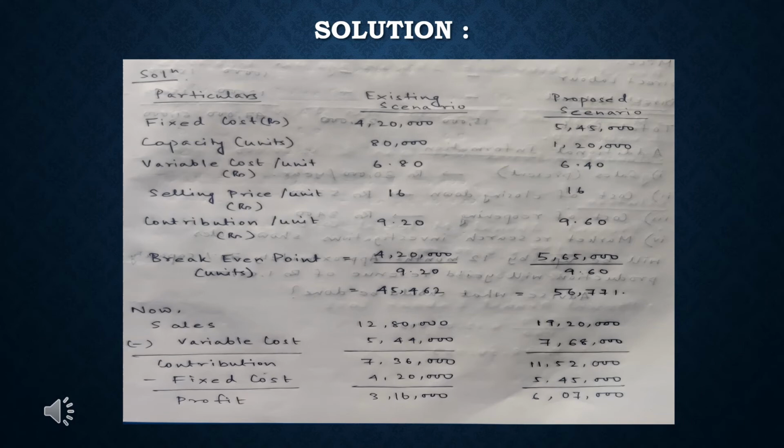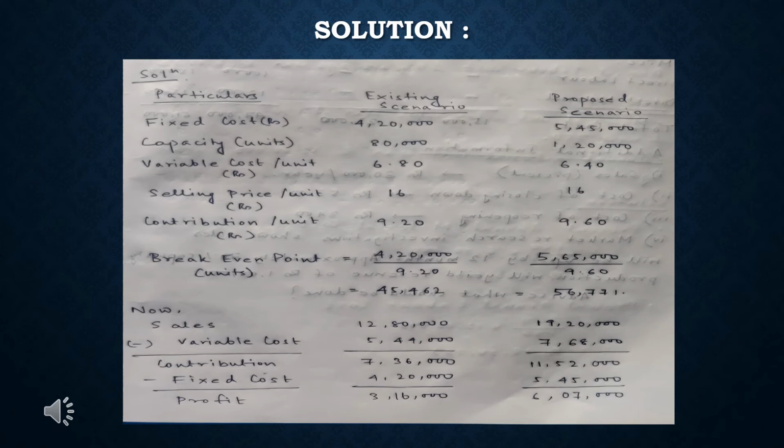Now we can easily find the rate at which the profit is increasing by deducting 3,16,000 from 6,07,000 and dividing it by that same figure, and we get approximately more than 90%.